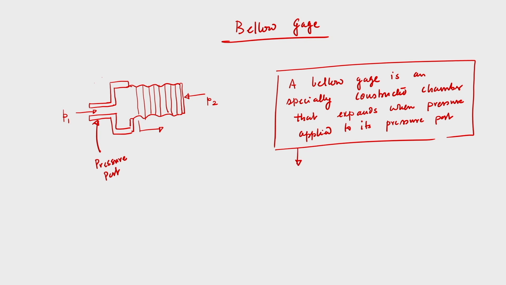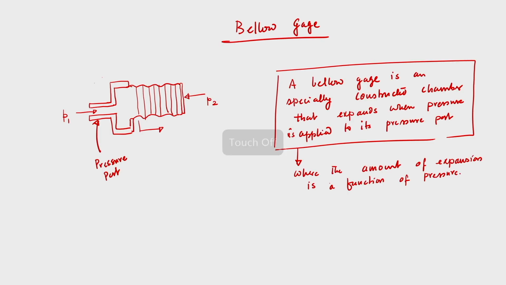Now, we have seen that a bellow gauge is a specially constructed chamber that expands when pressure is applied to its pressure port, where we will measure the expansion, where the amount of expansion is a function of pressure.